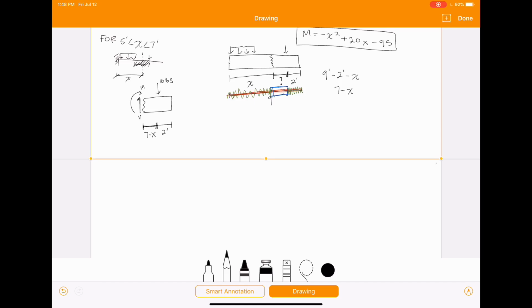And again, we can just use our equations of equilibrium and solve for our shear and moment equations. So sum of forces y equals 0. Choose a direction as being positive. And we're going to get V minus 10 equals 0. So V equals 10. Sum of moments about x equals 0. Choose a direction.